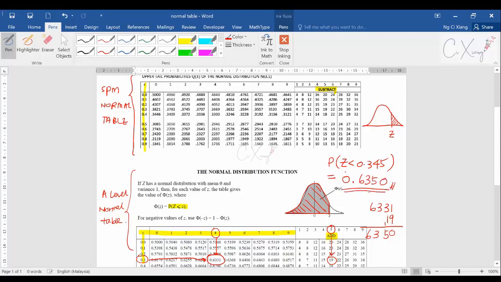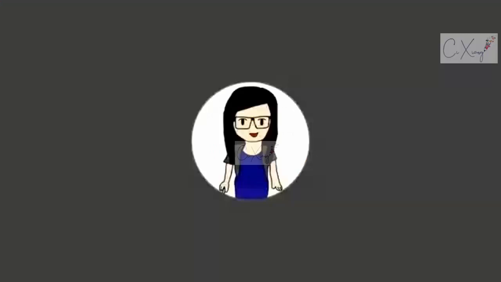Okay? So again, because the table is looking for the smaller value, you see our question is also smaller one, smaller than 0.345, smaller than 0.16, and so on. Okay, so please take note of these differences again. All right, for SPM it is subtract, but for the A-level table it is add. All right, therefore I will get 0.6350 for our example.